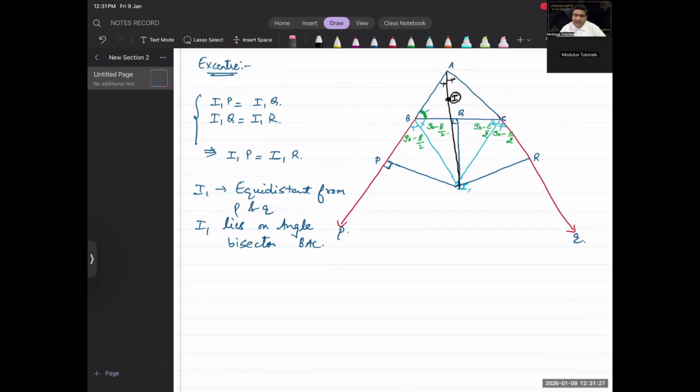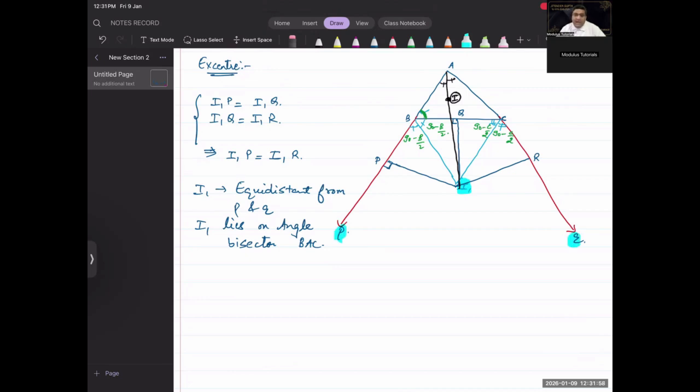Is this clear? A, I, I1, they are all in the same straight line, right? I repeat myself, I1 is the point of intersection of external angle bisectors of B and C. So because I1 lies on the external angle bisector, by definition of angle bisector, the distance of I1 from this line P and small q will be the same.